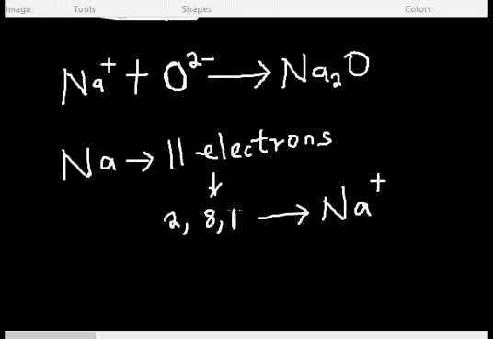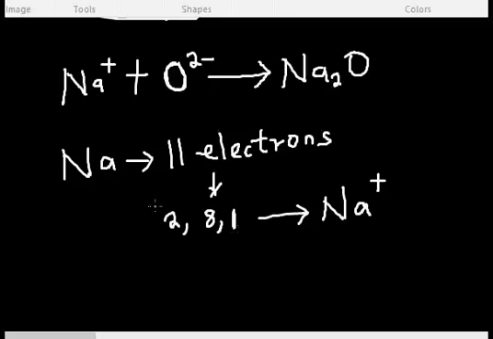Why is it plus? Because any atom that has valence electrons from 1 to 3 has the tendency of losing them, and once they lose those electrons, they become positively charged. While atoms that have electrons from 4, or better still from 5, 6, 7, have the tendency of attracting electrons to themselves, and once they attract electrons to themselves, they become negatively charged.